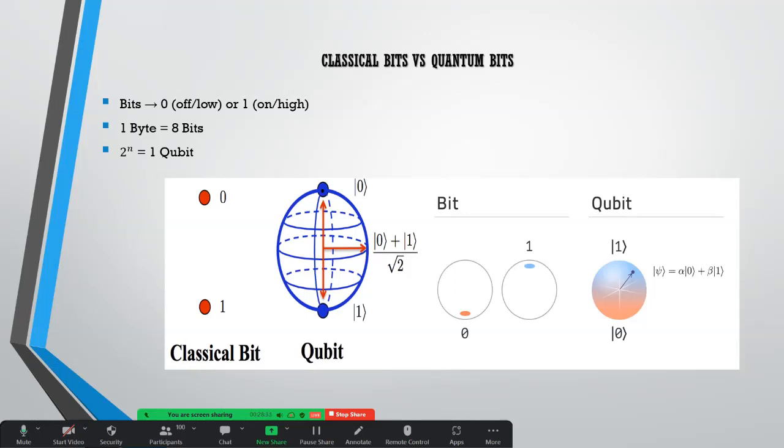So the quantum equivalent of a classical bit is called a qubit. Instead of calling it a quantum bit, we term it a qubit, which is a two-state quantum mechanical object used in quantum computing. Now, the combination of qubits is unlimited because there is no limit to how many combinations we can make using the qubits.